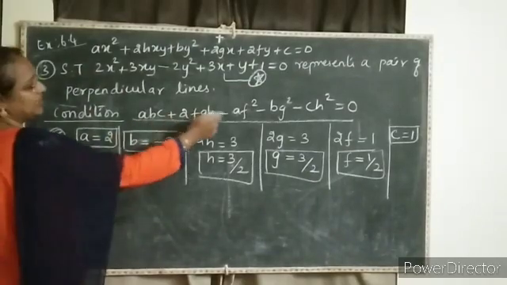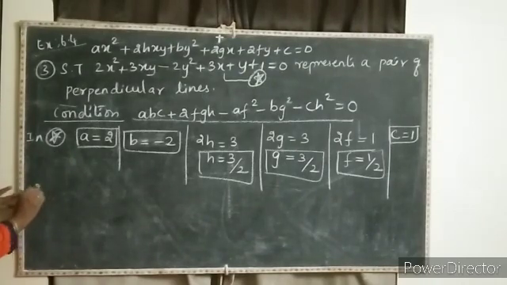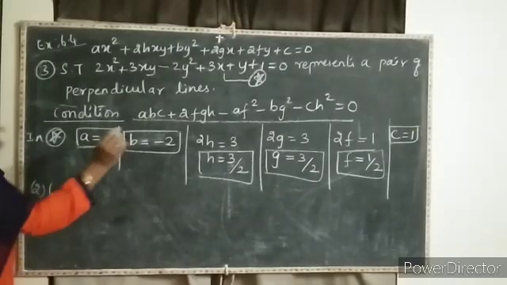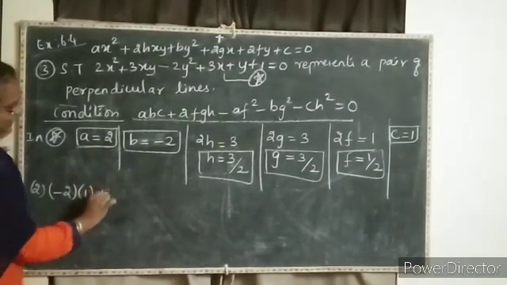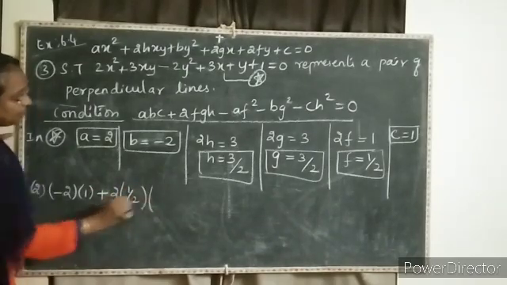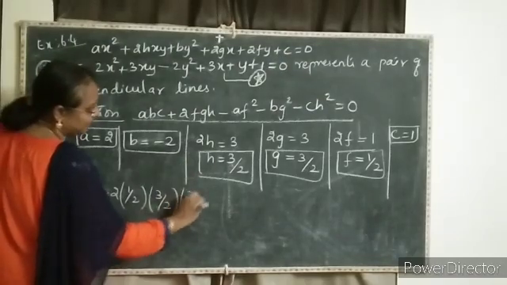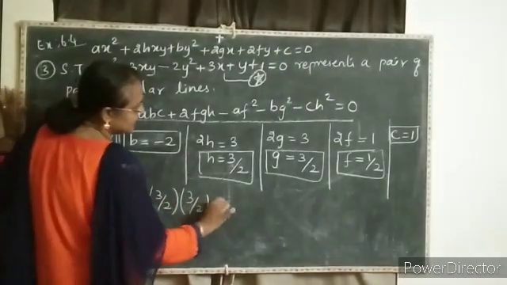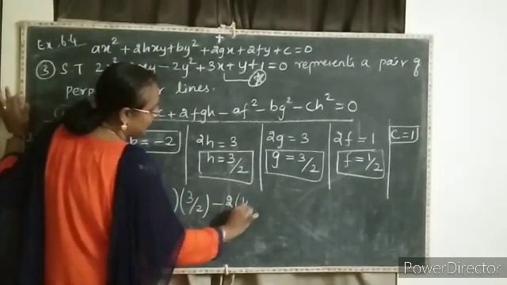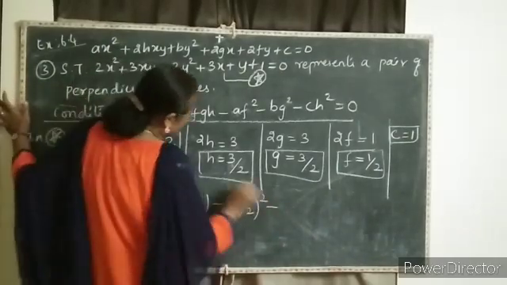Now we got the values of a, b, c, h, g and f. Now I am going to substitute in the given equation. The a value is 2 into b value minus 2 into c value 1, plus 2 into f value 1 by 2 into g value 3 by 2 into h value 3 by 2, minus a value 2 into f value 1 by 2 the whole squared, minus b value minus 2.